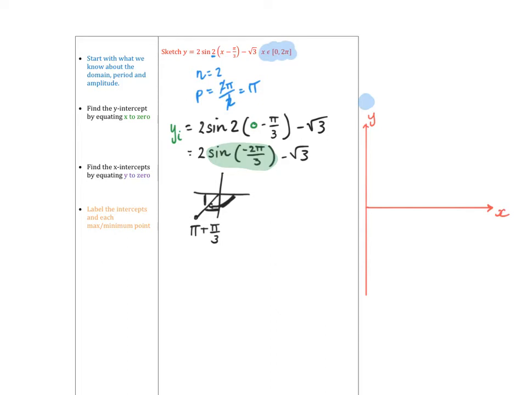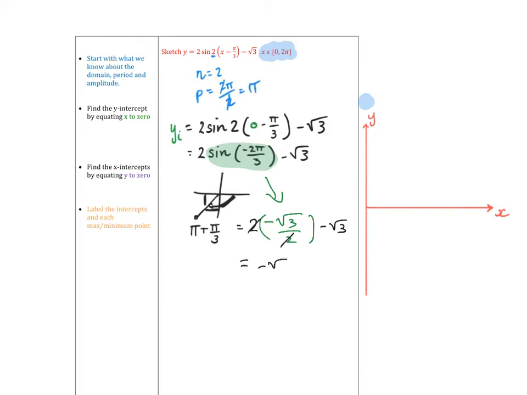And we know from our table of values that sine of pi on 3 is in fact root 3 on 2, so that's negative root 3 on 2 in brackets. And we also know that our y-intercept is 2 times that, minus root 3. So if we now expand this out, the 2's will cancel.